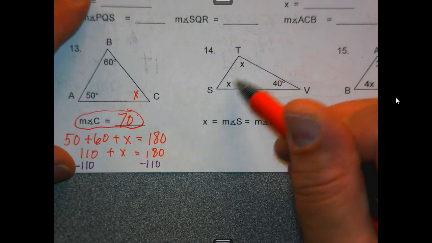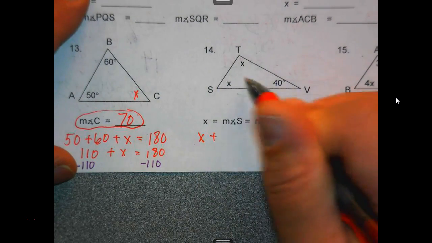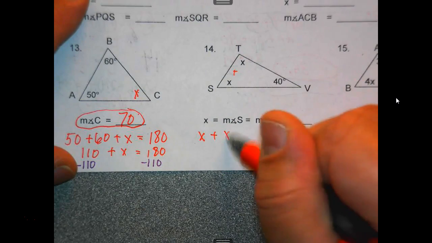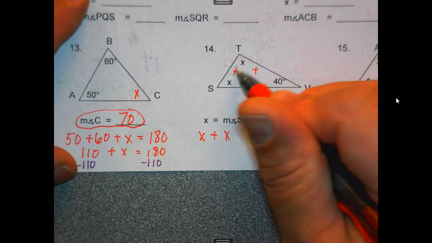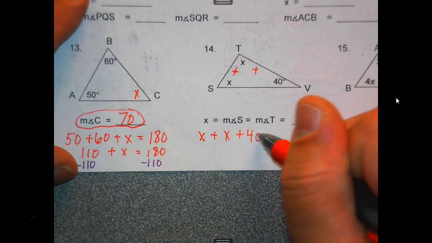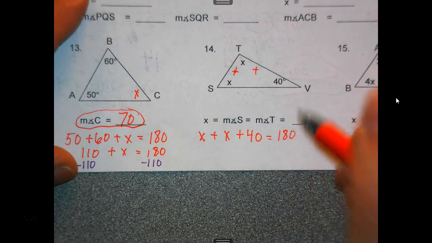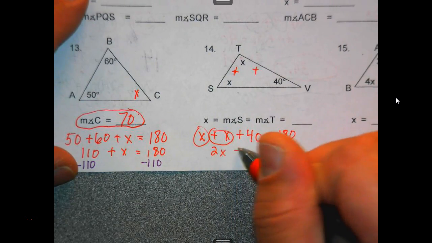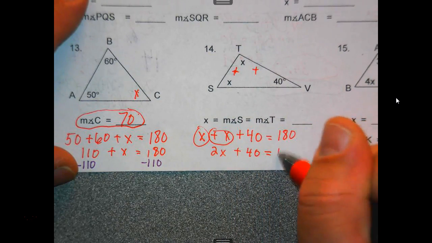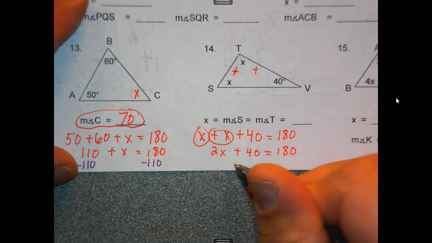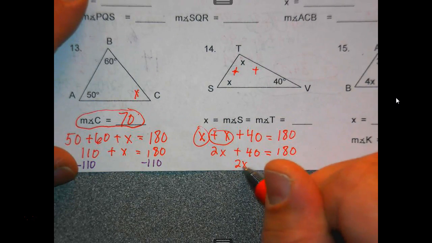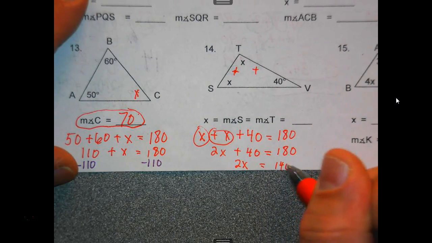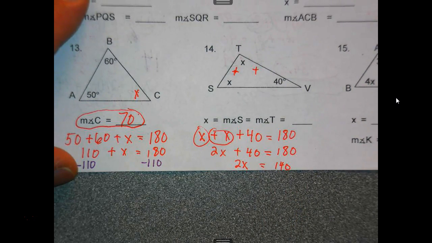Okay, so x plus x plus 40 equals 180. So I combine like terms. 2x plus 40 equals 180. Subtract 40. So I get 2x equals 140. Divide by 2.